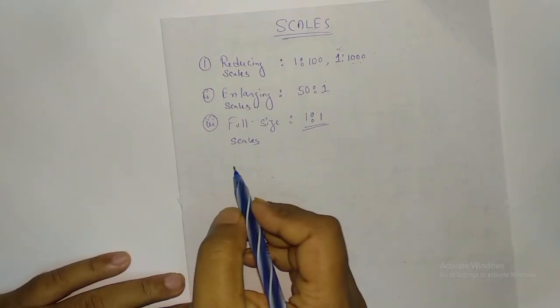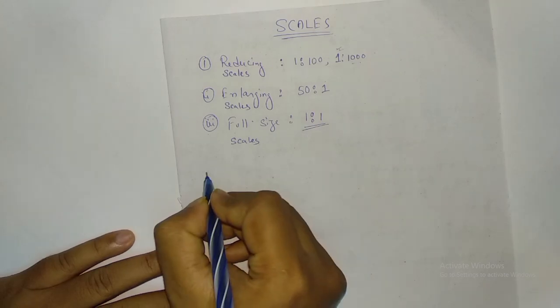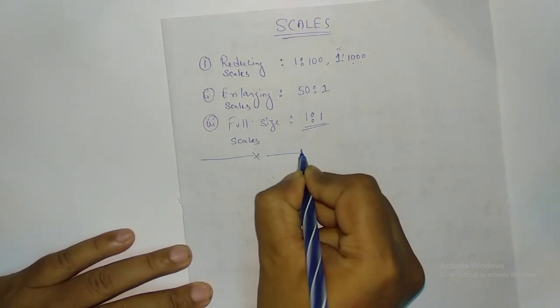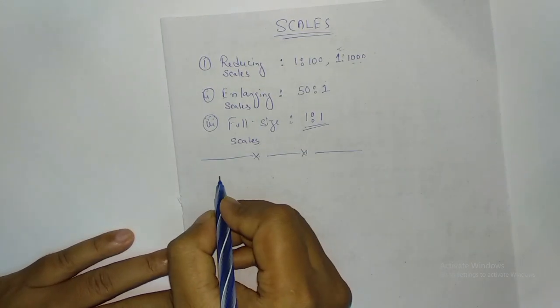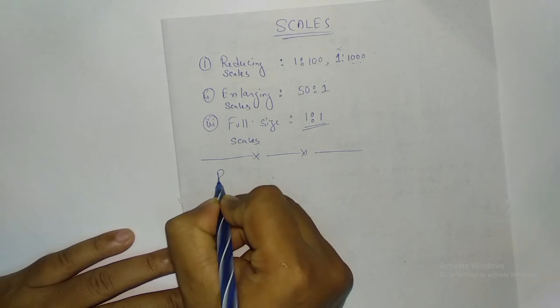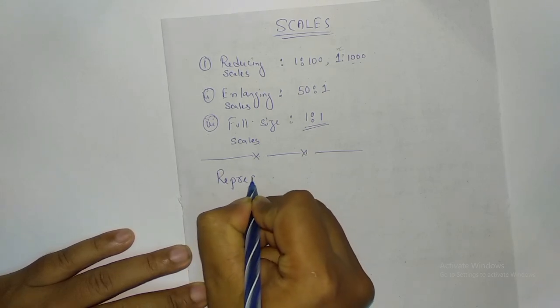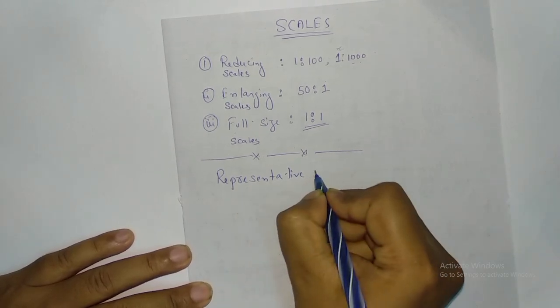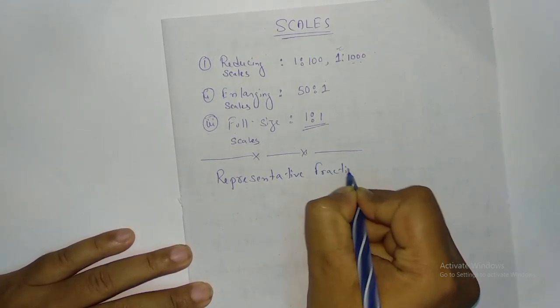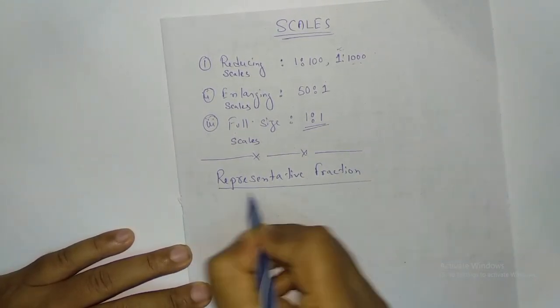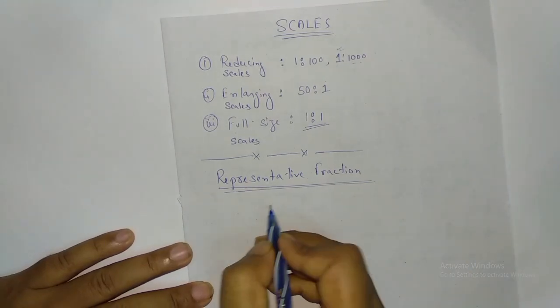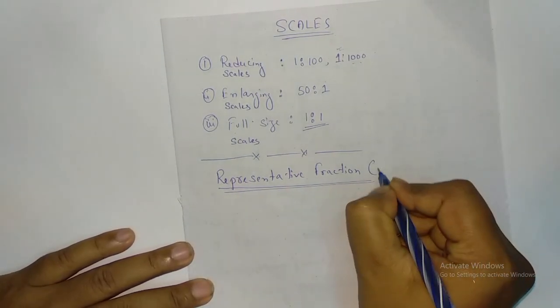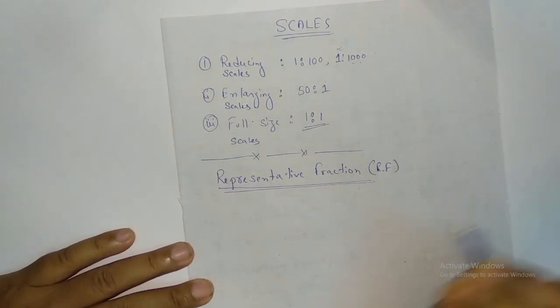Okay, now we have another term. This is called representative fraction. It is denoted as RF, representative fraction.